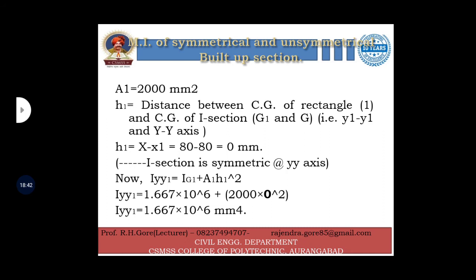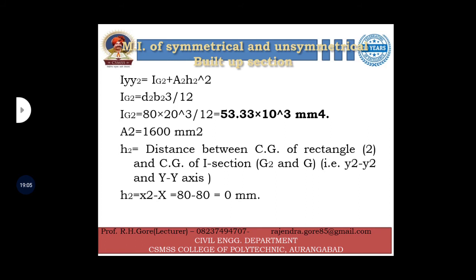So 80 minus 80 is 0. So directly H1 is 0. I section is symmetric about y axis. So Iyy1 is equal to Ig1 plus A1H1 square. H1 is 0. So Iyy1 is equal to Ig1. So 1.667 into 10 to the power 6 power 4.